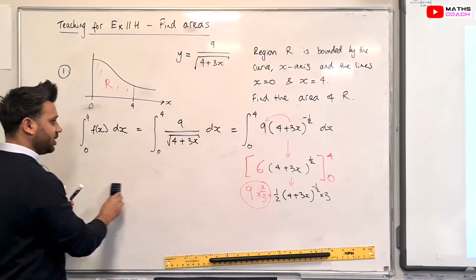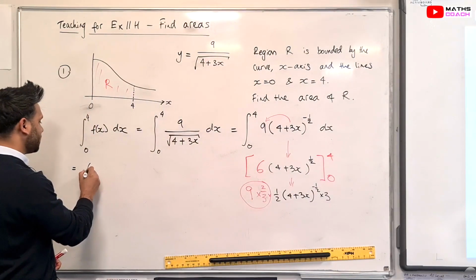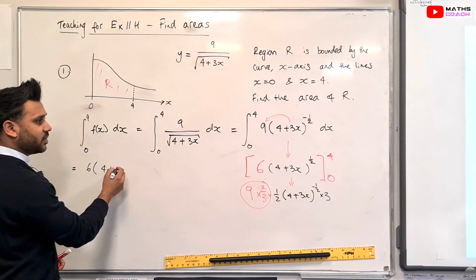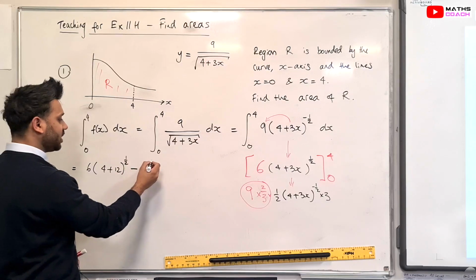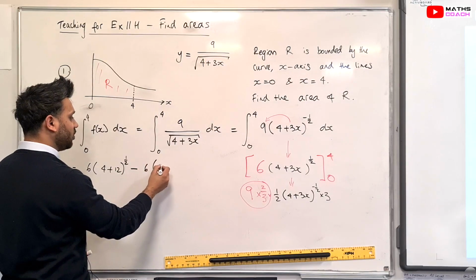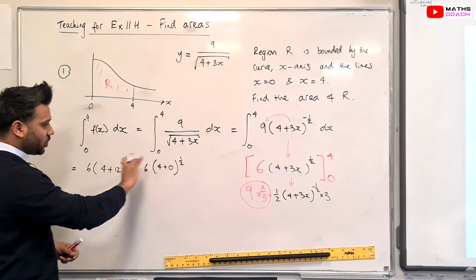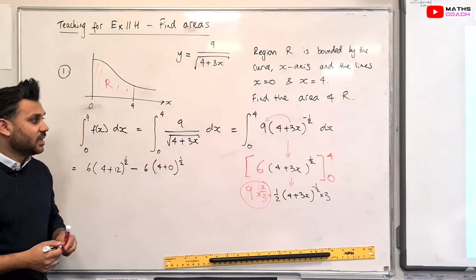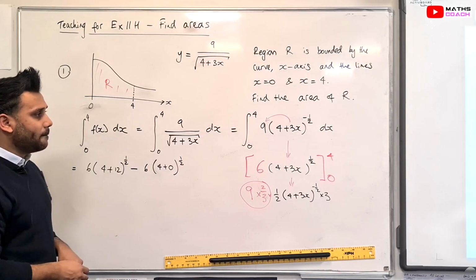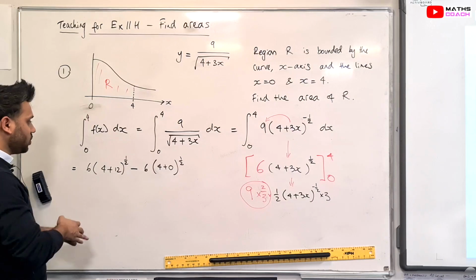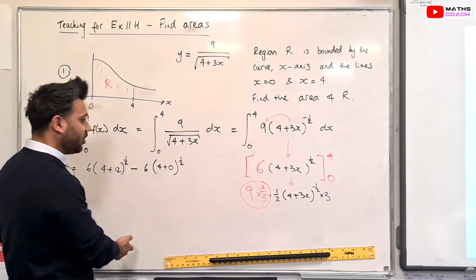So let's do it here. We substitute the upper limit into the expression, so we get 6 bracket 4 plus 3 times 4, which is 12, to the power of a half, subtract 6 bracket 4 plus 0 close bracket to the power of a half. Here I'm just showing you the substitution process. In the exam you can just put it in the calculator and get an answer, but there are method marks given for showing your working out, just in case you tap the wrong button and get the final answer wrong.